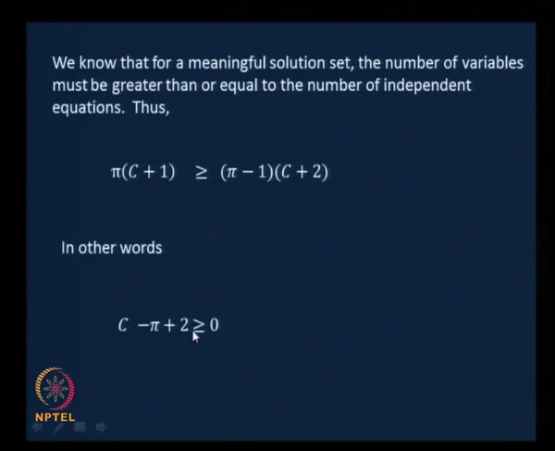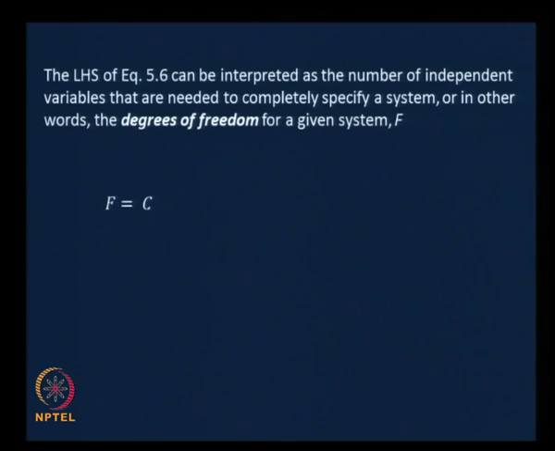If it is greater than 0, then we need to supply that many variables, or we need to specify that many variables for a unique solution to arise. And the number of variables that we need to supply is what we designated as the number of degrees of freedom, or F equals C minus pi plus 2.